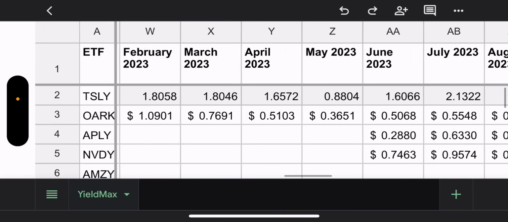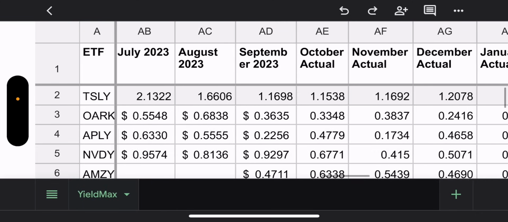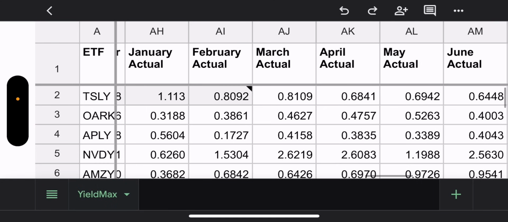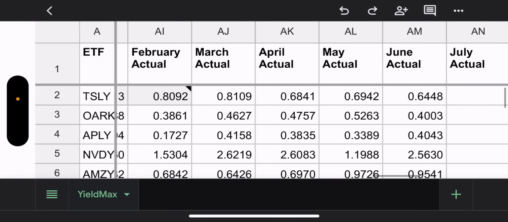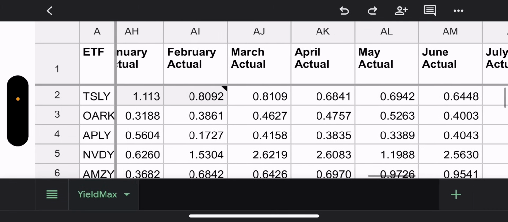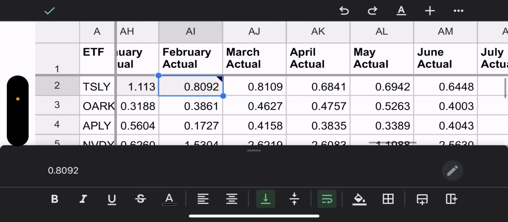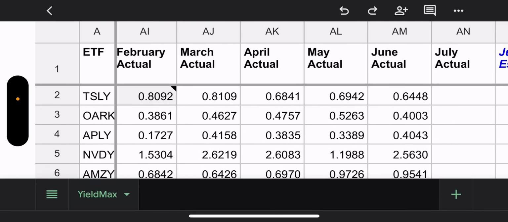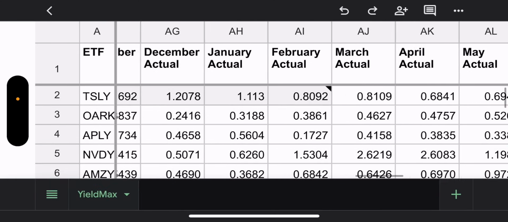I guess you could say they started off paying around $2, and then it went down to 80 cents. Because the last distribution pre reverse split was 40 cents, and post reverse split was 80 cents, right? So 40 cents times 2 is what's reflected here. I have a little comment here that's pre-reverse split. So hopefully that makes sense.